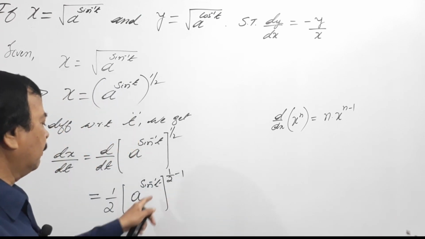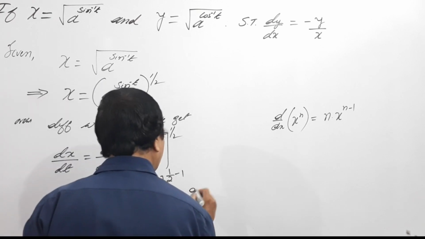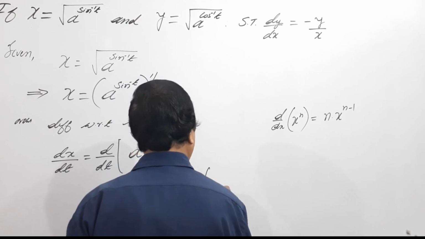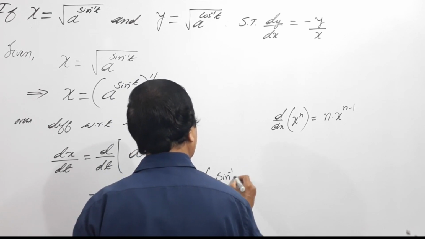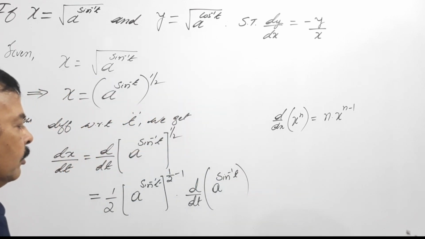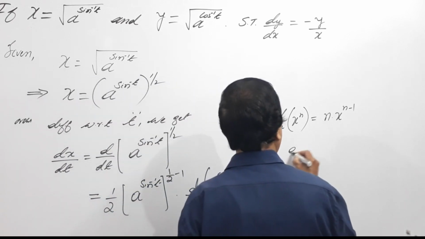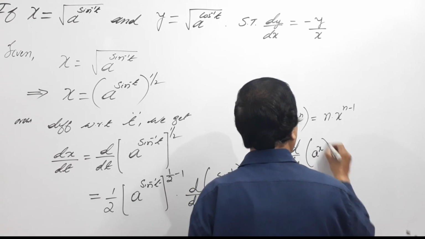Half into a to the power of sine inverse t, whole to the power of half minus 1, into d by dt of a to the power of sine inverse t. So we have one more, that is d by dx of a to the power of x.